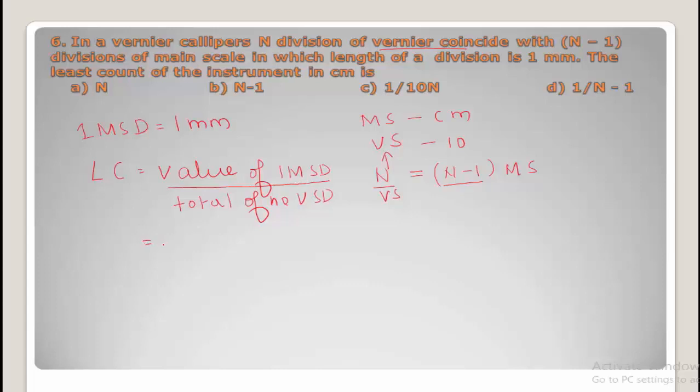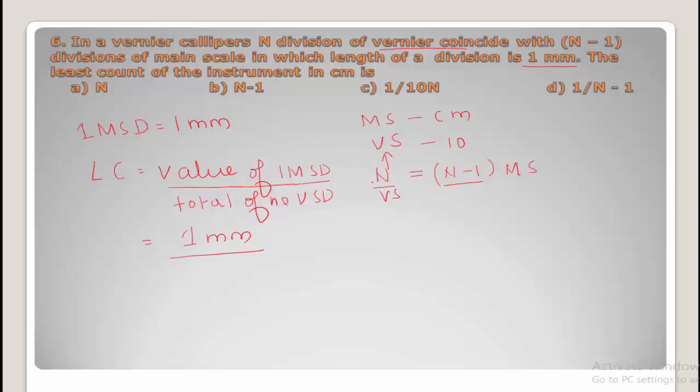Now observe here, the value of 1 MSD is not 1 centimeter. Already you know that the value of 1 MSD is 1 centimeter. But here there is a difference, that is the value of 1 MSD is 1 millimeter. So substitute 1 millimeter divided by total number of VSD.